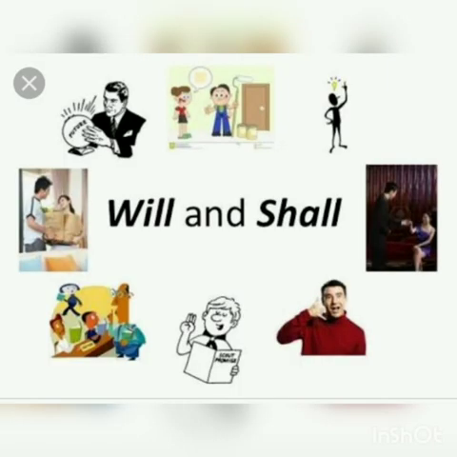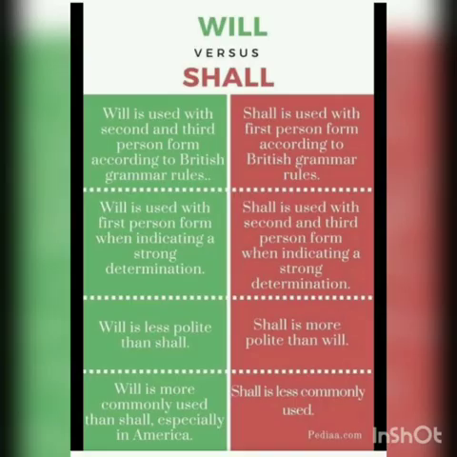The auxiliaries that we will study today are just will and shall, which refer to future tense, future time, and also sometimes determination. So in today's lesson, we will just study two modal auxiliaries, and those are will and shall. Okay, my dear, now let's compare these two auxiliaries, will versus shall.